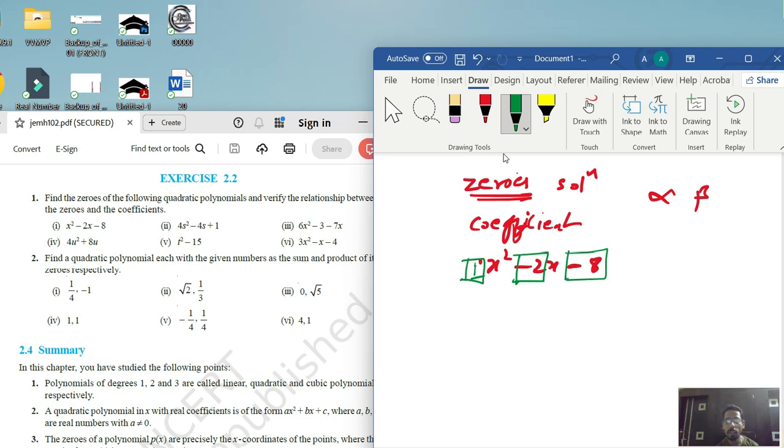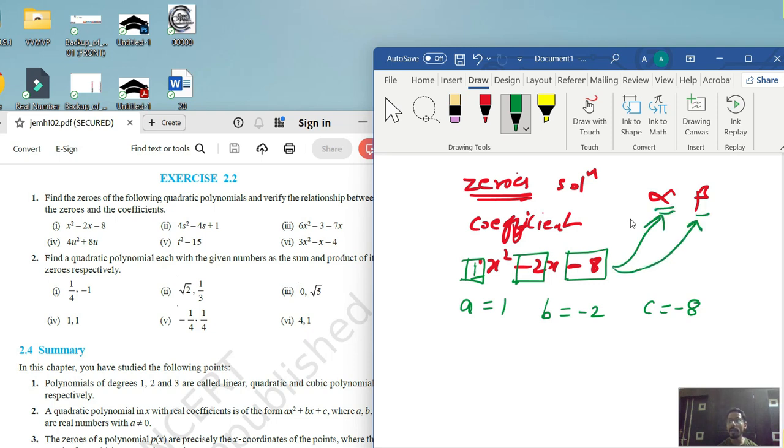These are called coefficients. Coefficient of x square is called a, so a equal to 1. Coefficient of x is called b, that is minus 2. And the neutral term alone is called constant, that is minus 8. If you solve this equation, you will find alpha and you will find beta.